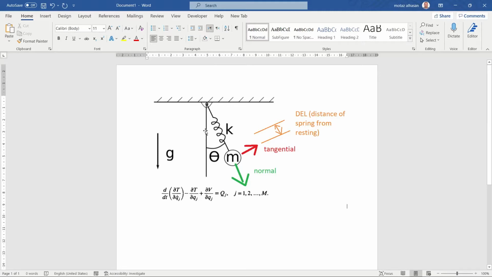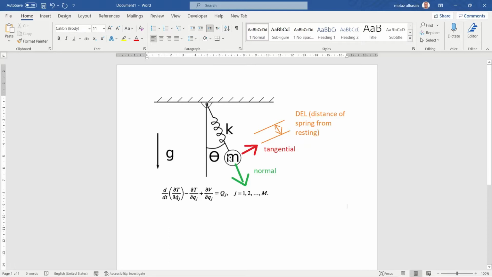And g is gravity pointing downward. M is the mass of the pendulum. K is the spring constant. And L, which is not shown in this figure, is just the length of the pendulum in its resting position.